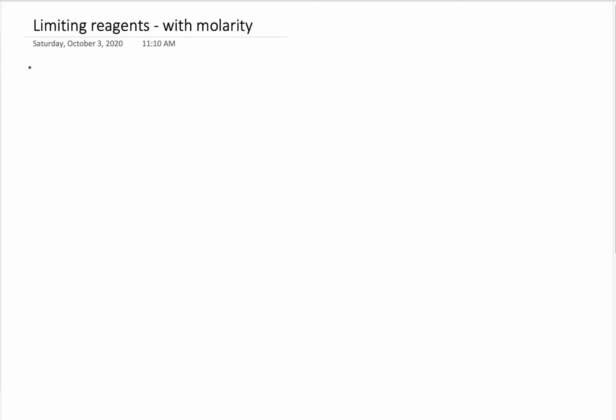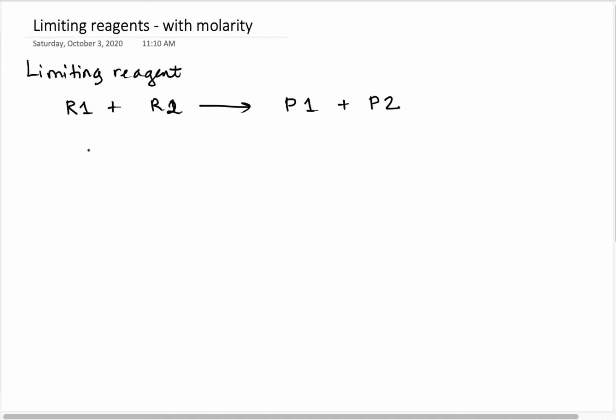So let's review for a second and think about what are the big ideas when we do limiting reagent problems. When we have these limiting reagent problems, we usually have reactant 1 plus reactant 2 making product 1 plus product 2. And whenever we have a limiting reagent problem, then we are told the information about both of the reactants.